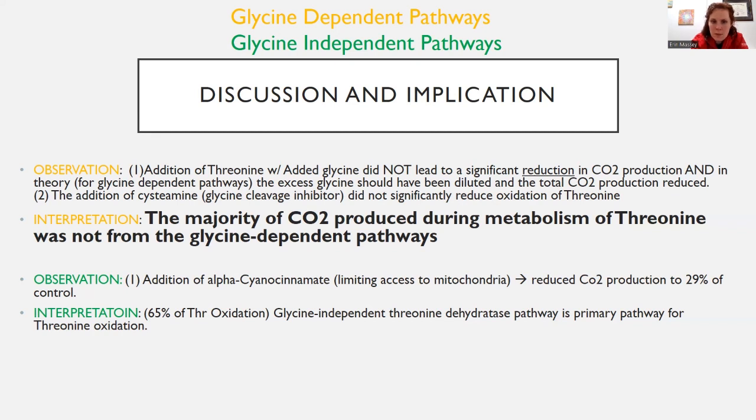The addition of cysteamine, the glycine cleavage inhibitor, did not significantly reduce the oxidation of threonine. So the estimation there is that the majority of CO2 produced during metabolism of threonine was not from those glycine-dependent pathways.